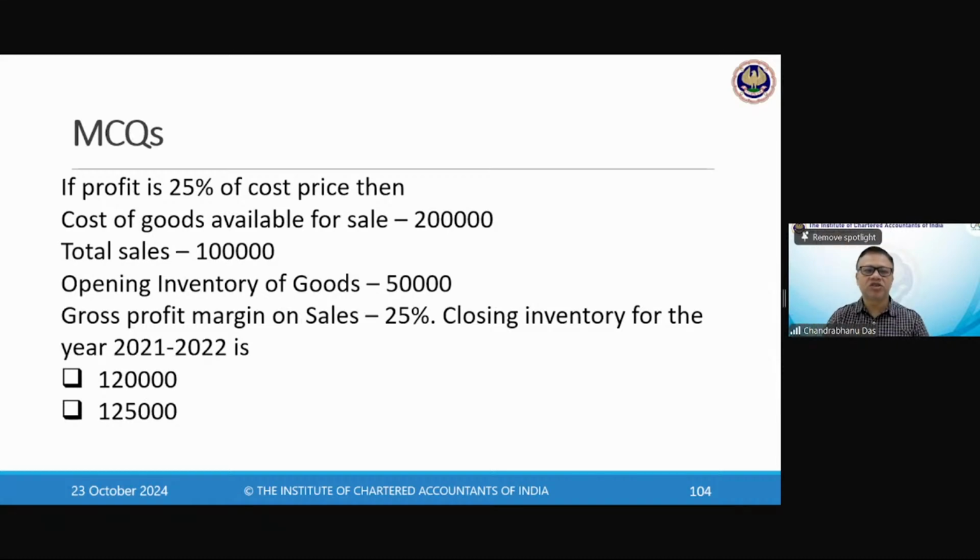Now we'll come to this question. You have cost of goods available for sale, you have total sales, you have opening inventory of goods, and you have the gross profit margin on sales given. You have to find the closing inventory for the year 2021-22.